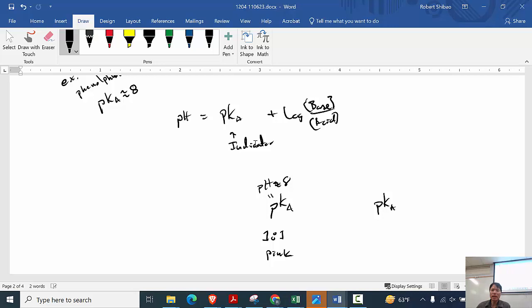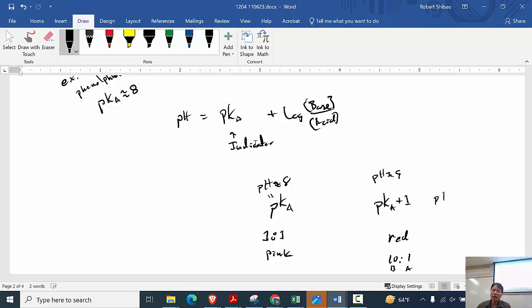If we have a pKa plus 1, let's say a pH of about 9, what color is it going to look? Red. Because we're going to have a 10 to 1 ratio, 10 parts of base to 1 part of acid, and so the base color dominates.